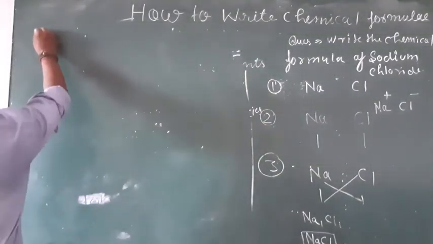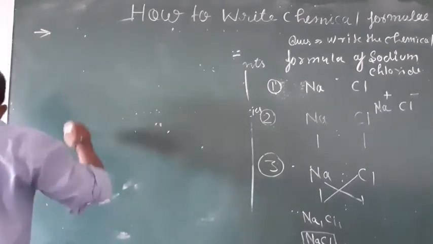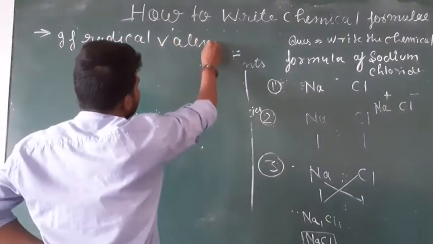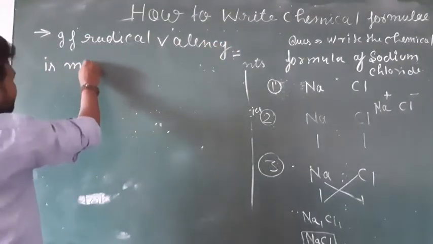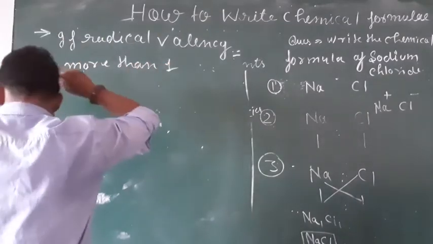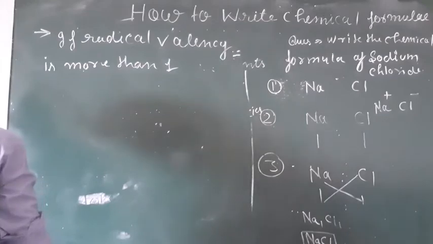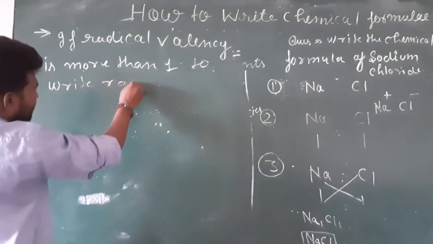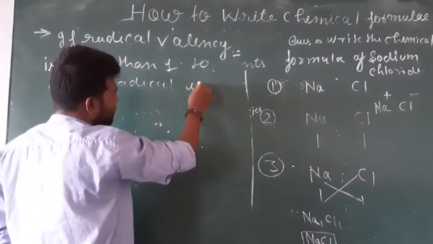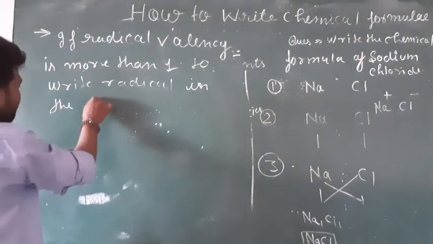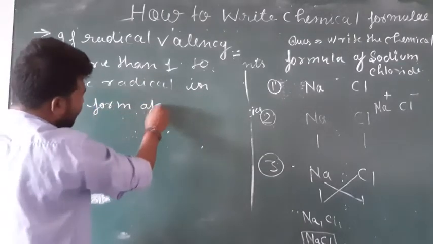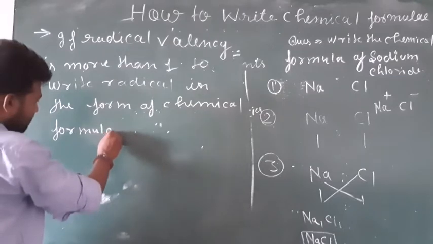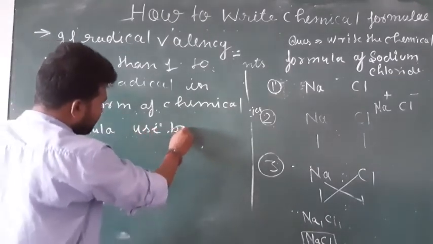Next, rule number 7: if the radical valence is more than 1, to write the radicals in the form of a chemical formula, use brackets.